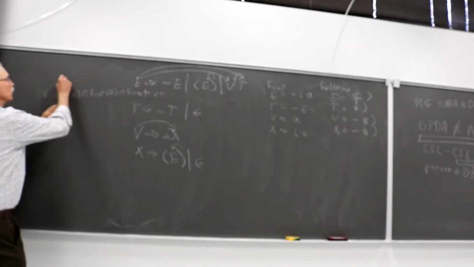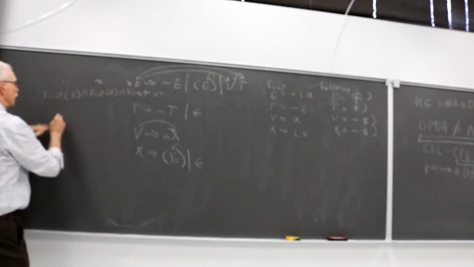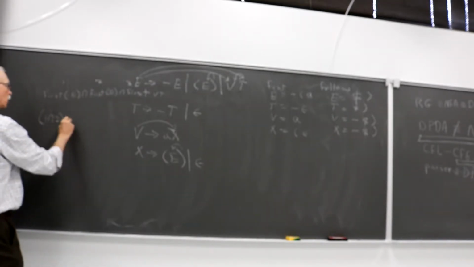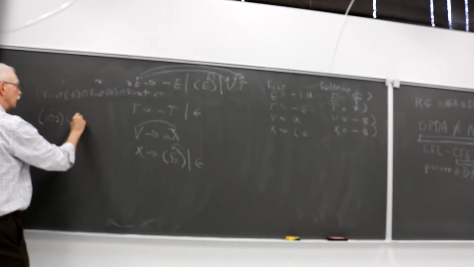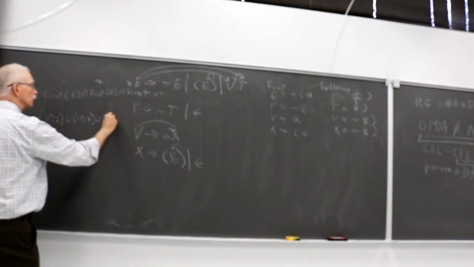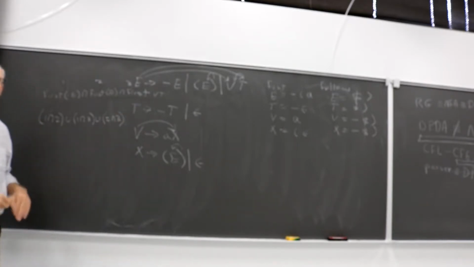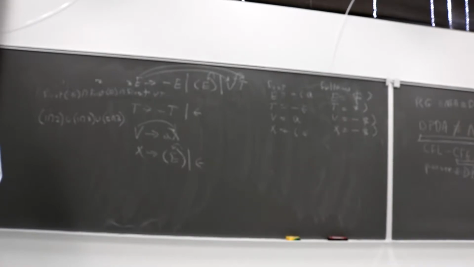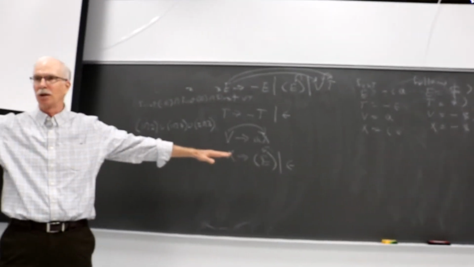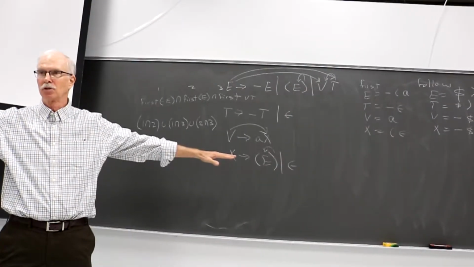So if I number these 1, 2, and 3, it's 1 intersect 2, union 1 intersect 3, union 2 intersect 3, and if that union isn't empty, then it's not LL1 parsable. That's what we're really saying, that all of them cannot have anything in common. Make sense? You with me?